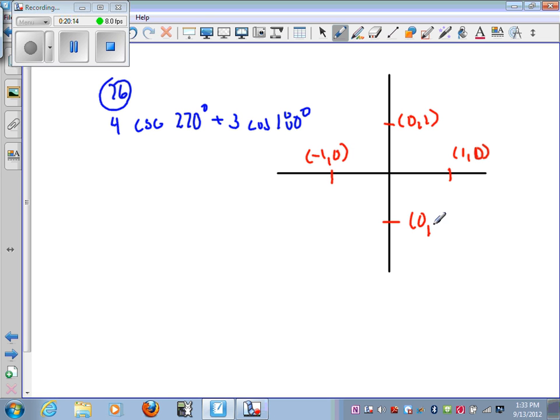And this is 0, minus 1. And those points are on the quadrants. And this one is 90. This one is 180. This one is 270. And then when you go around here, you get 360.